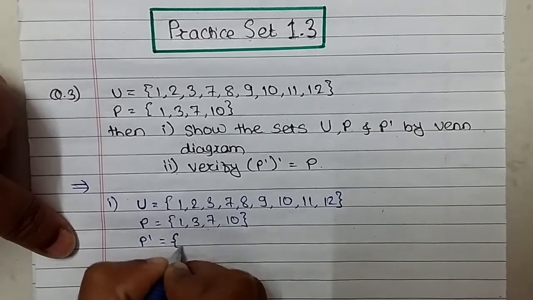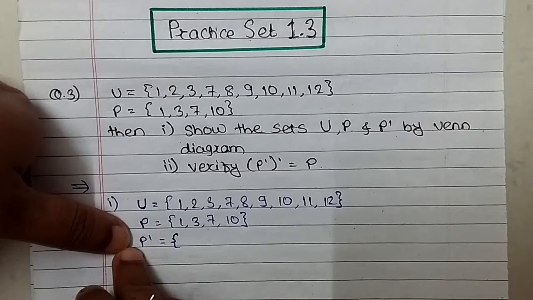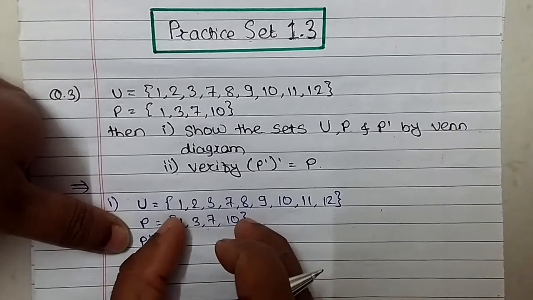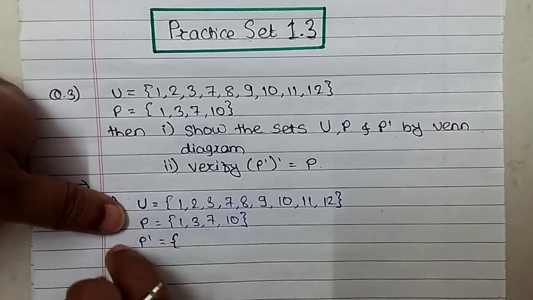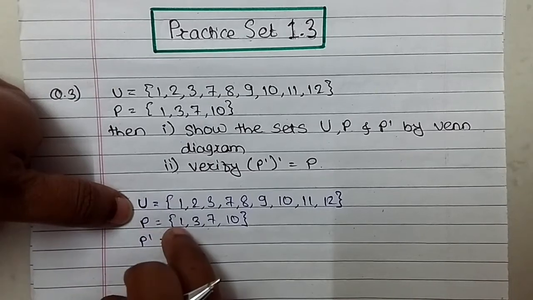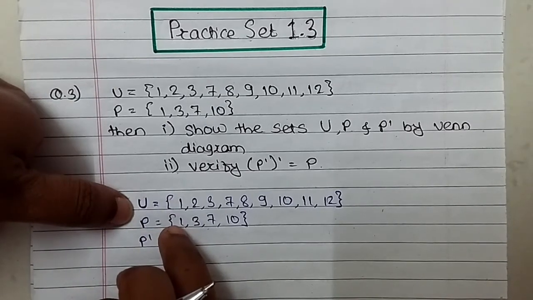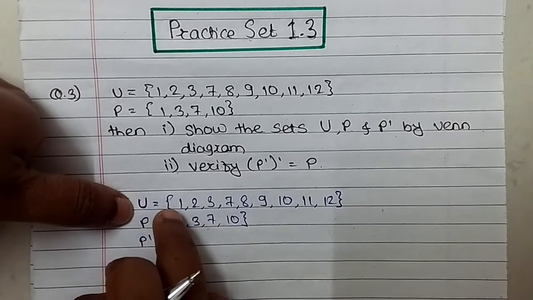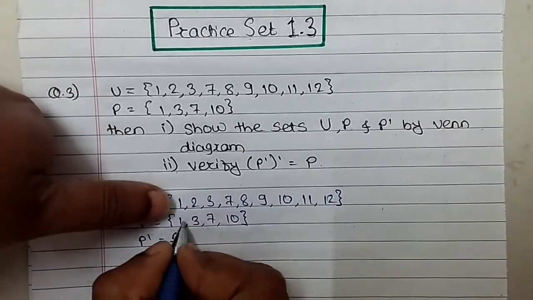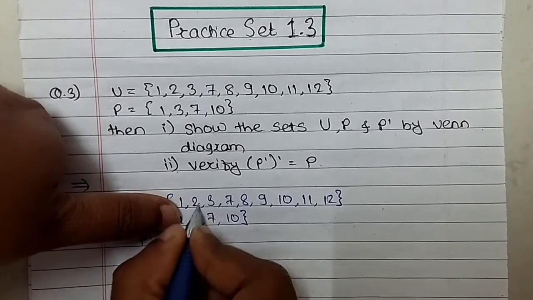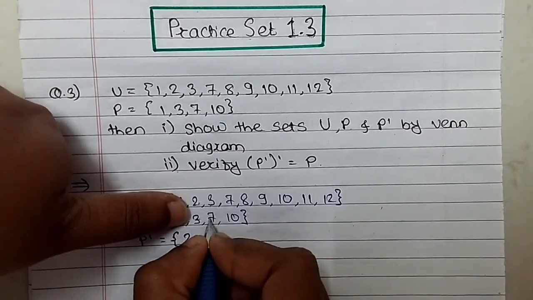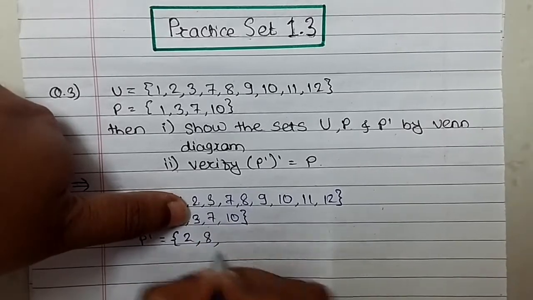Next, how to calculate the complement of the P set, that is P dash. When we calculate the complement of a set, we take those elements that are not present in that set. We compare the P set with the universal set, and write those elements that are not present in the P set. 1 is present, 2 is not present, so write 2 here. 3 is present, 7 is also present, 8 is not present, so write 8 here.